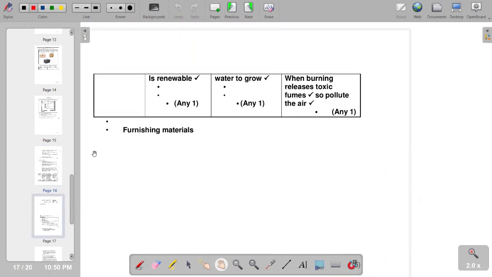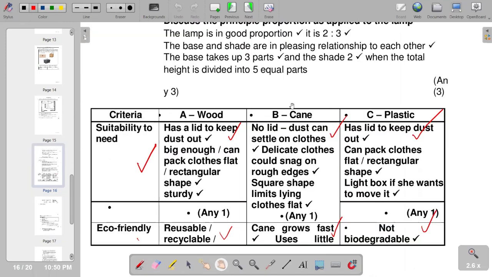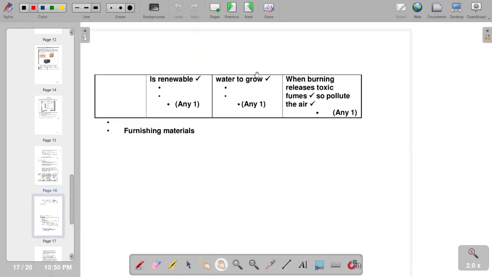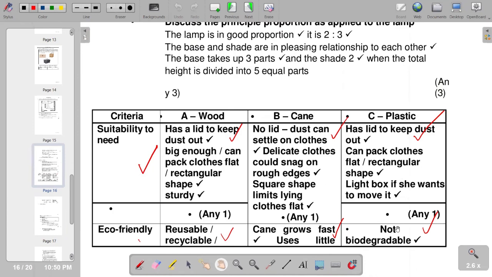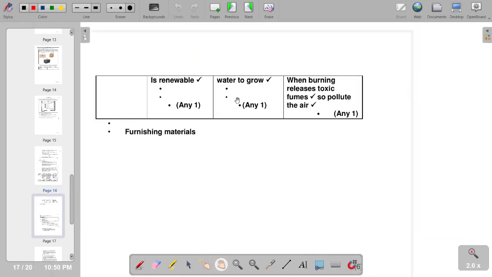So this is for wood. Then for cane, we are saying cane grows fast, uses little water to grow. And then we go to the plastic: not biodegradable. And as a continuation, when burning it releases toxic fumes, so it pollutes the air. So this is what we have on that part.